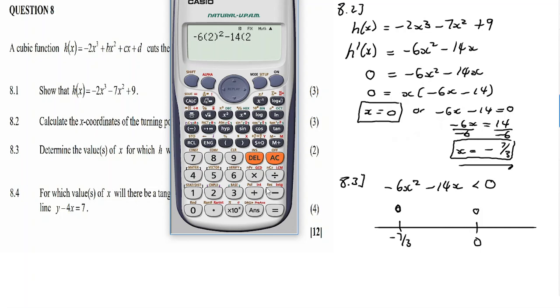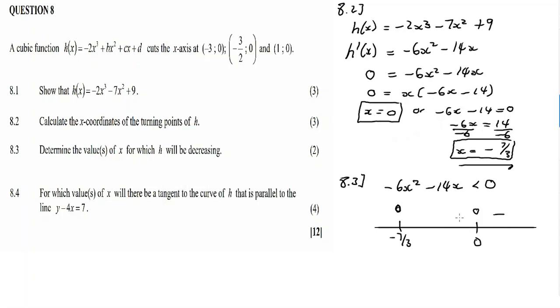Substituting gives a negative answer. So if here it's negative, between negative 7 over 3 and 0 it will be positive, and then the final one will be negative. The signs alternate. If it's negative, it becomes positive, negative. If it's positive, it's negative, positive.